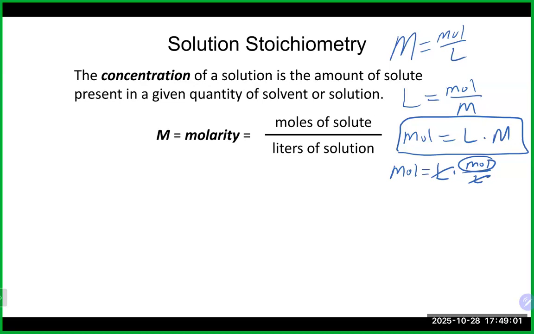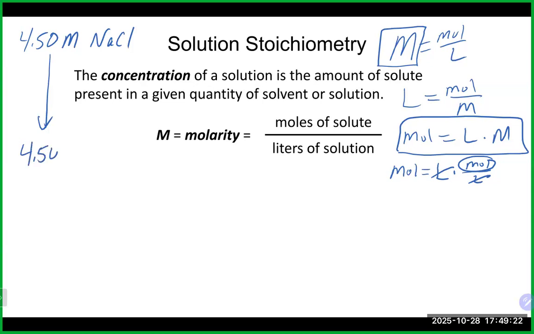You should take more of a dimensional analysis approach when using it, and not use it with the big M. Let's say, for example, you had a 4.5 molar sodium chloride solution. You would want to use it like so: 4.5 moles per liter of sodium chloride. The number stays with the moles and it's always per 1 liter. You could also flip it around if you're going to do some dimensional analysis.